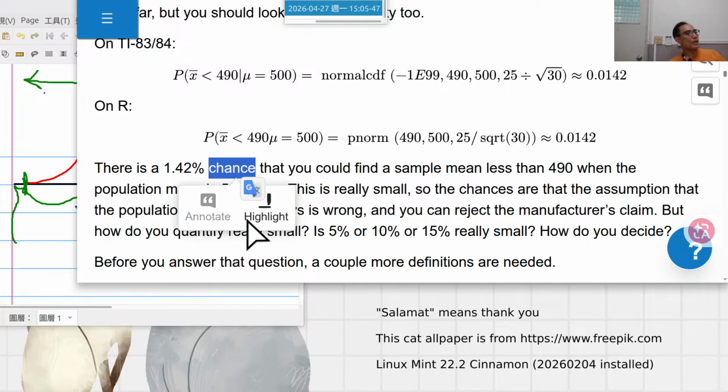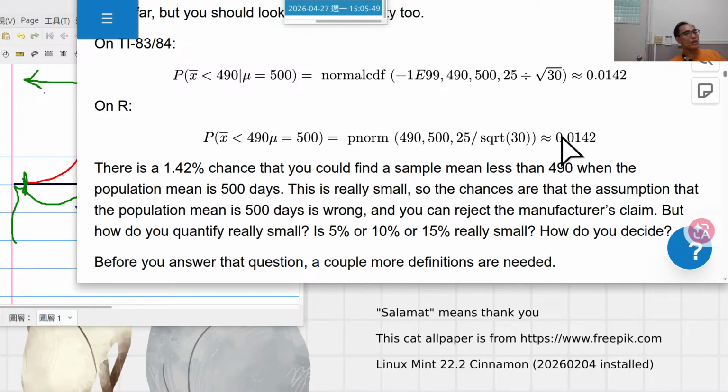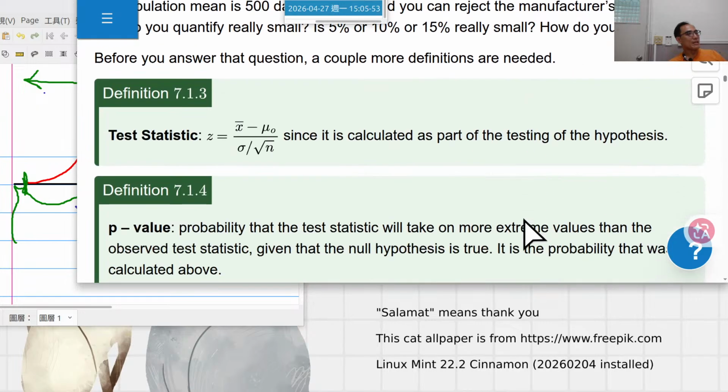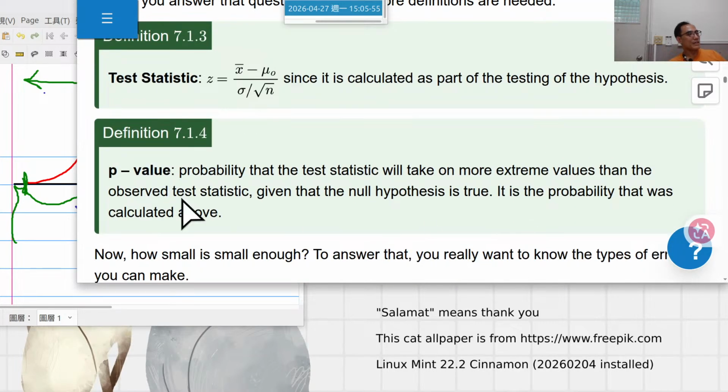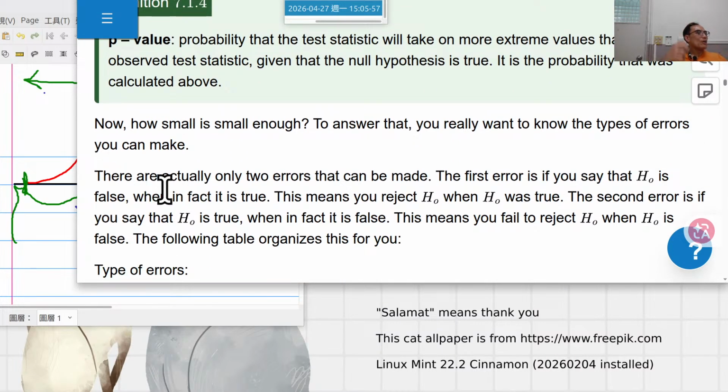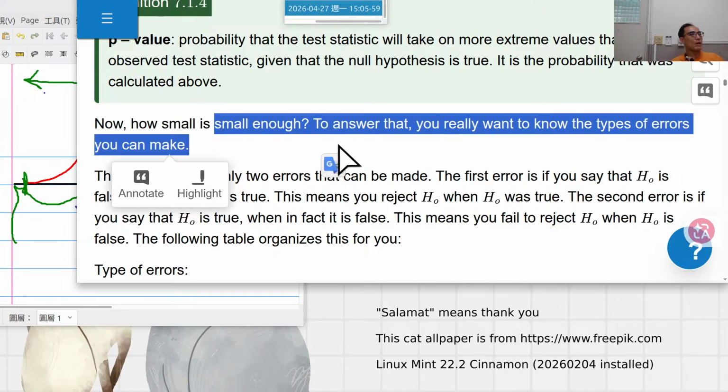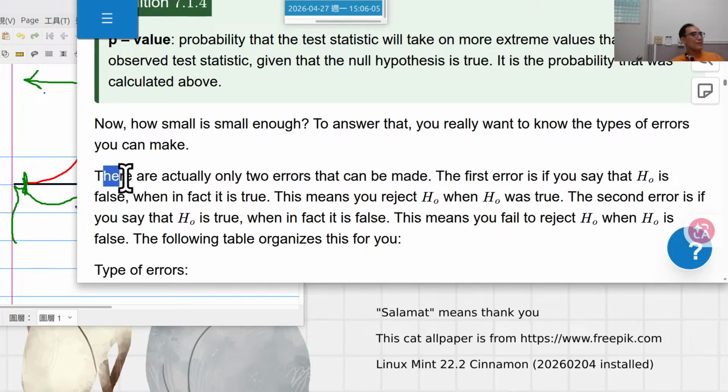And at this moment we call this the p-value. The p-value is here. Now, how small is small enough? To answer that, you really want to know the types of errors you can make. There are actually only 2 errors that can be made.